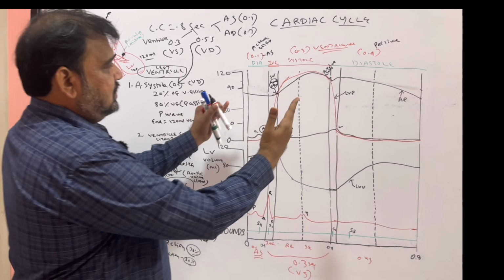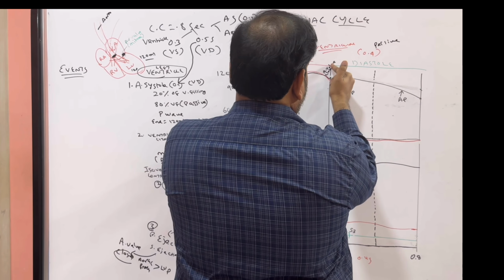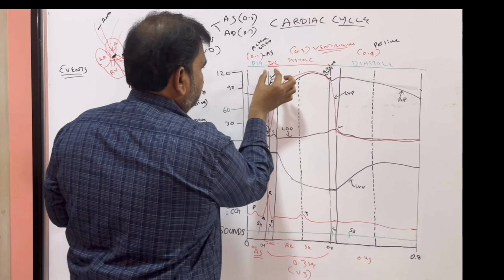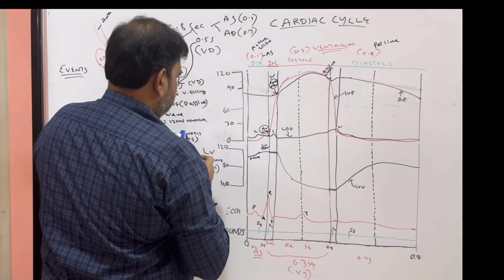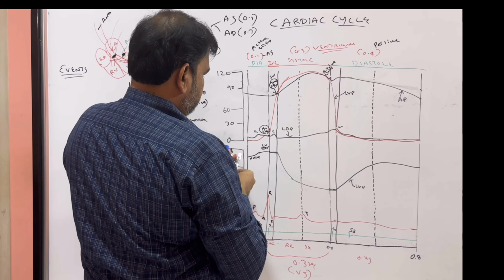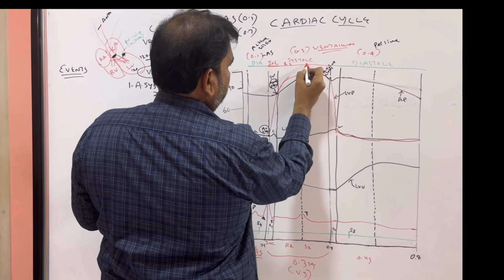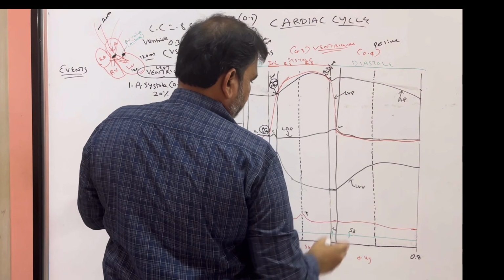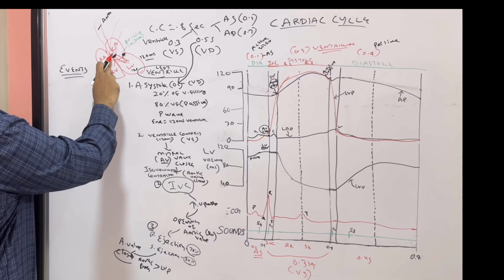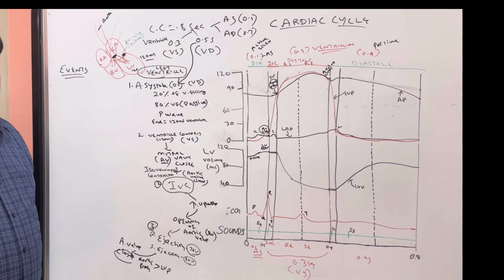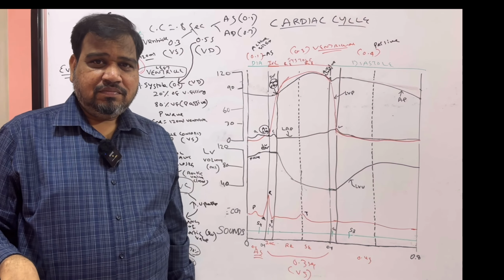Simple. So systole is getting over here. So systole includes isovolumetric contraction phase, rapid ejection phase, reduced ejection phase. Now both the valves are closed, and this is the end of the systole.